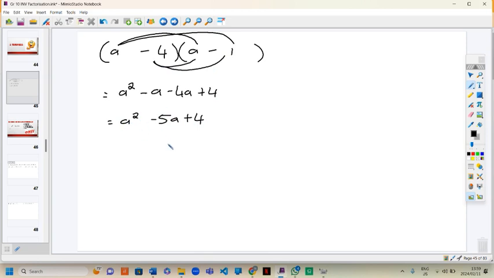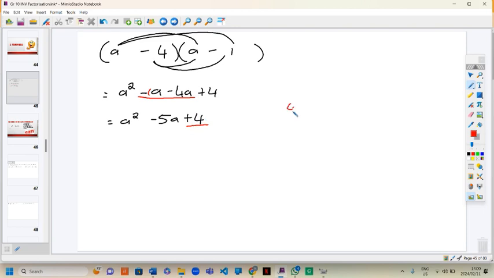Now I want you guys to look at this for a second. If you look at this 4, and you look at these two terms here, I've got negative 4 and I've got negative 1a. Can you see that the 4 and that 1 are factors of this last term? Basically, we had numbers in these brackets that when we multiplied out we got these terms, and they were the factors of 4.